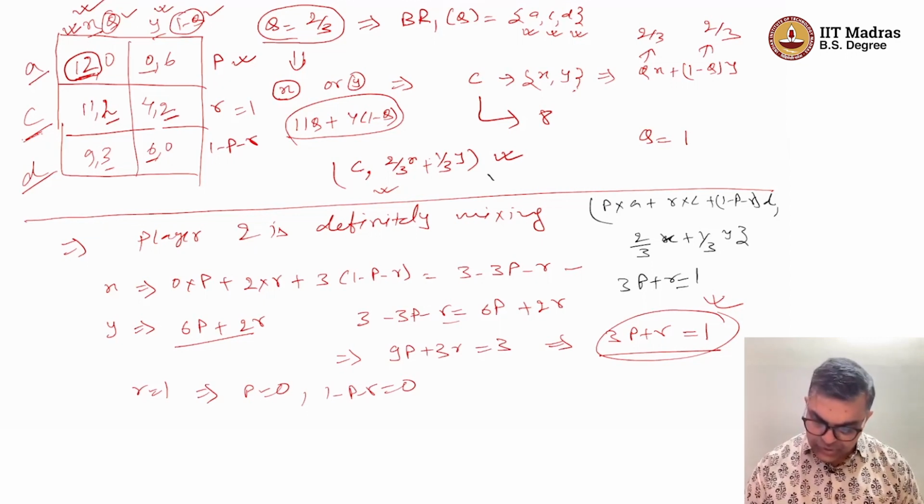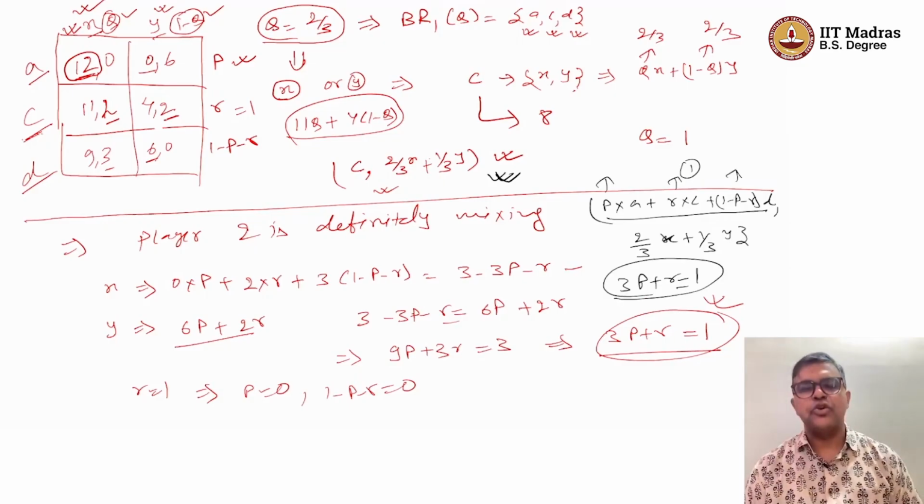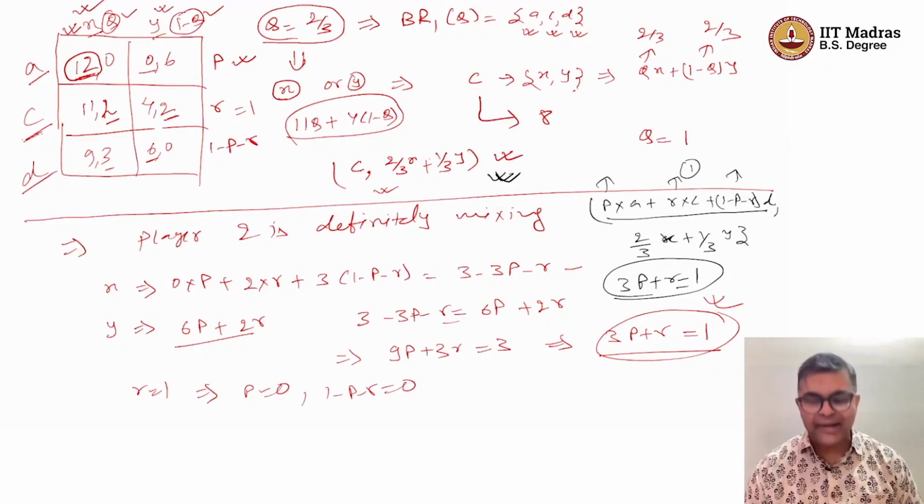And this includes this particular equilibrium, because it is satisfied when we put R equal to 1: this becomes 0, this becomes 0, and this equation is also satisfied. So there are infinitely many equilibria here, and all equilibria are characterized.